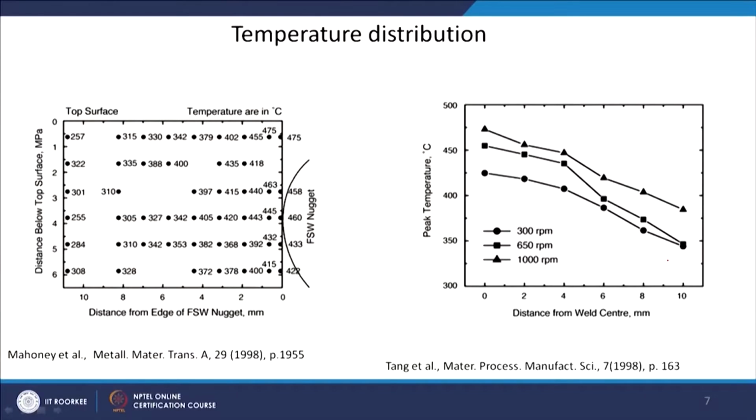In the next graph, you can see the effect of distance from the weld center, on the x axis, on the peak temperature which is attained, at 3 different RPMs, from 300 RPM to 1000 RPM.